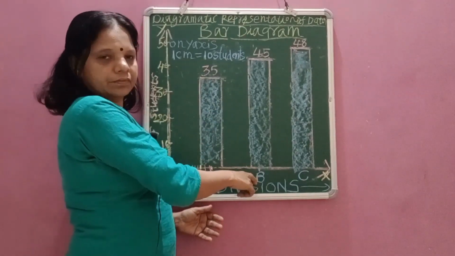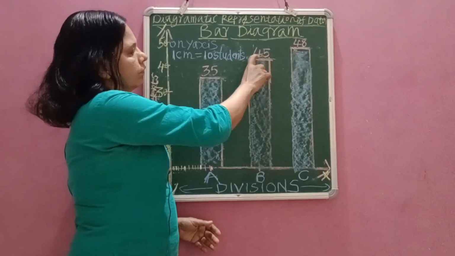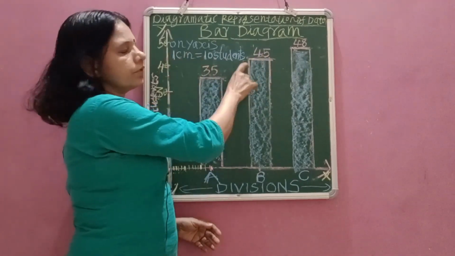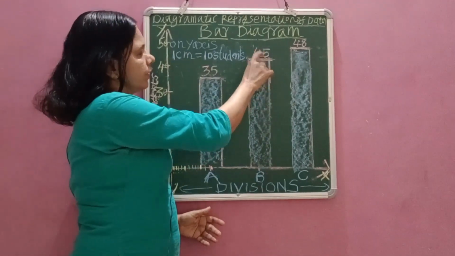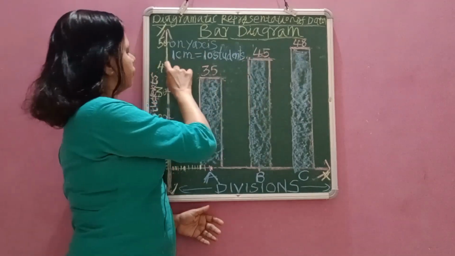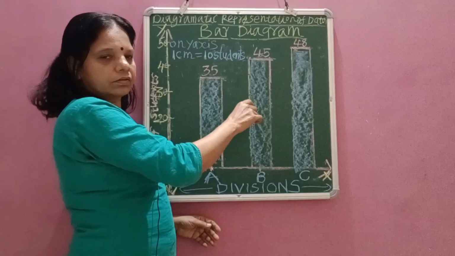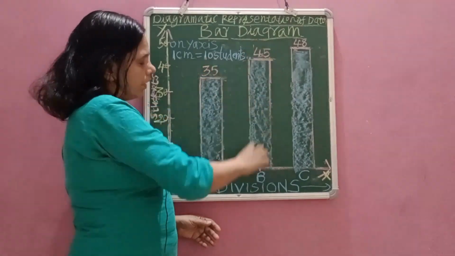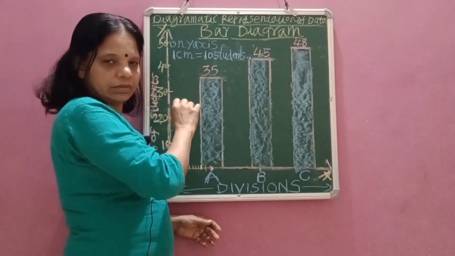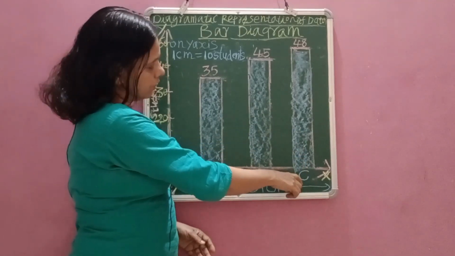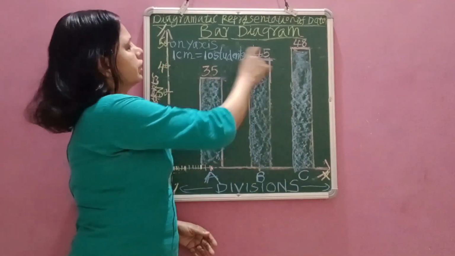Similarly, in division B, the number of students is 45. So from the 45th line I have drawn the horizontal with the same width and completed the rectangle. Similarly, in division C, 48.